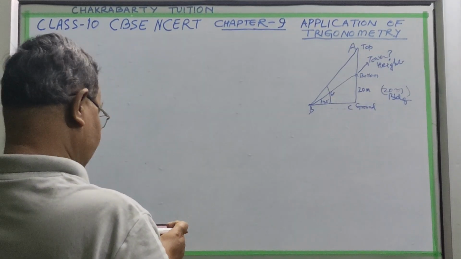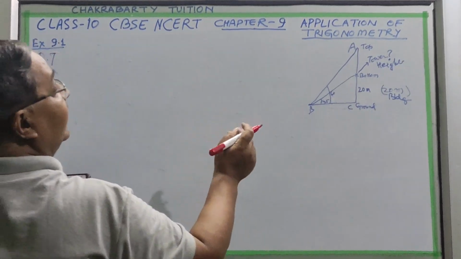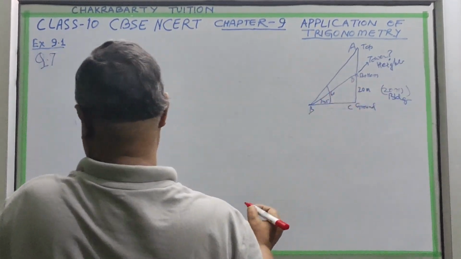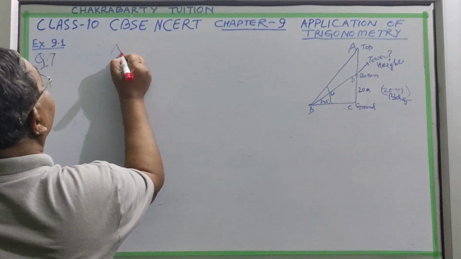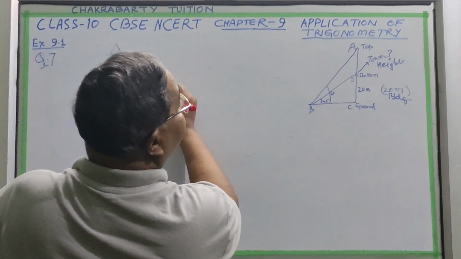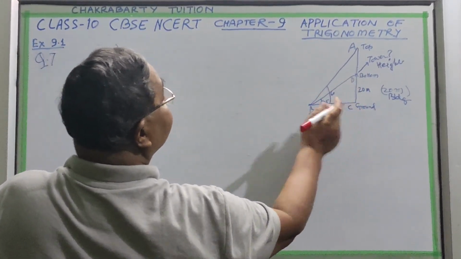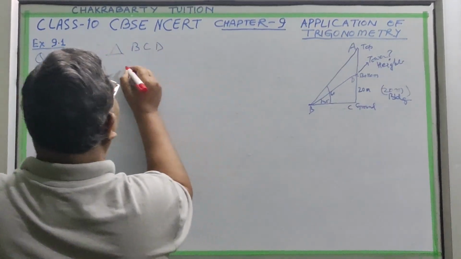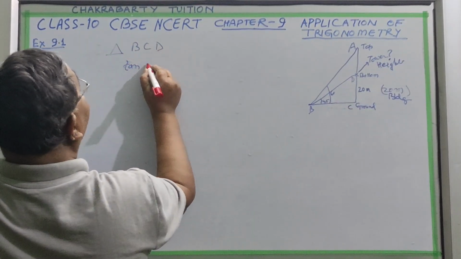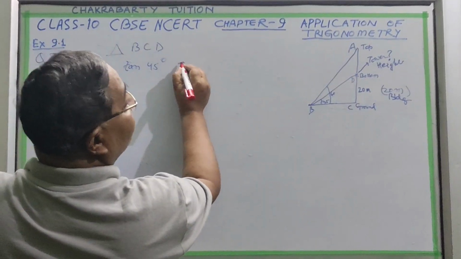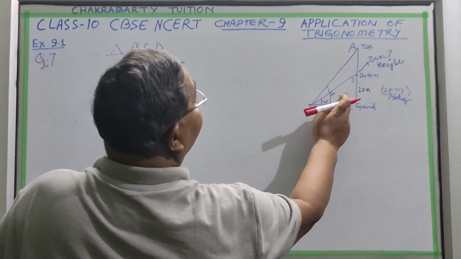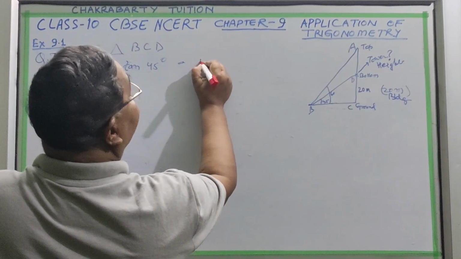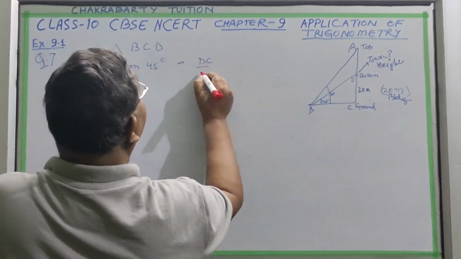First we will find the base in the angle at C. We will mark the points as A, B, C, D. So in triangle BCD, tan 45 degree is DC upon BC.